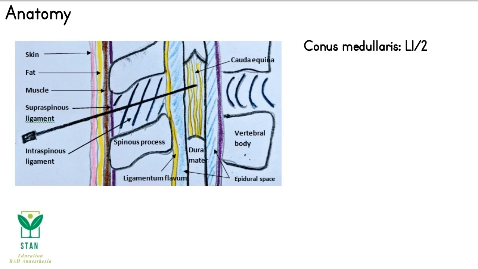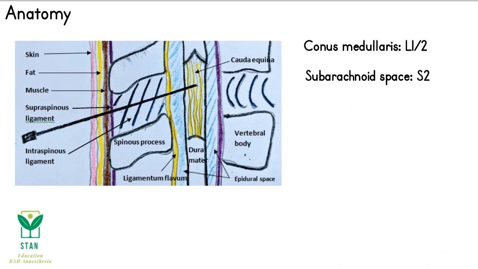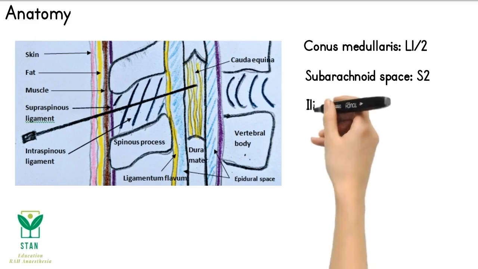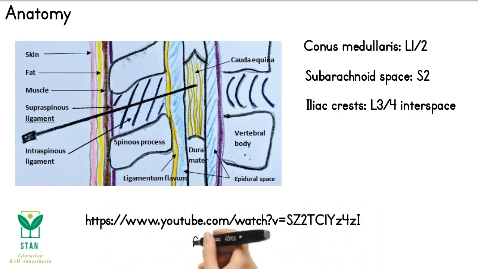The subarachnoid space itself ends at S2, that's the end of the dura, and a line drawn between the iliac crests identifies the L3-4 interspace. For further details of spinal anaesthesia, please go to the YouTube URL shown, a video called How to Perform Spinal Anaesthesia. It's only 3 minutes long, and anatomy is from 24 seconds in.